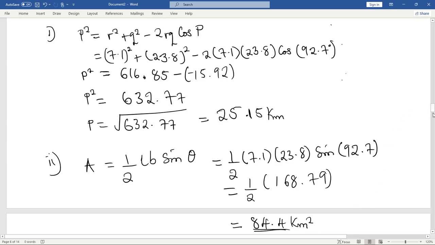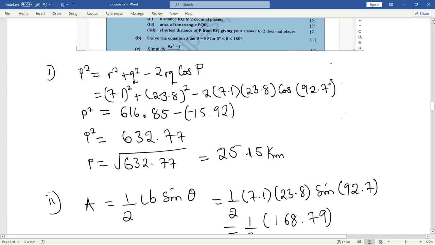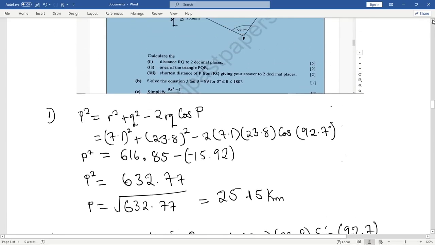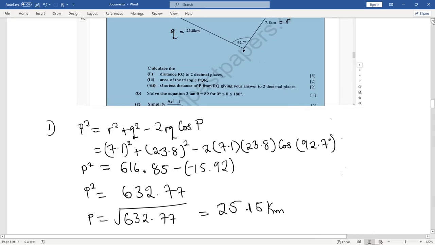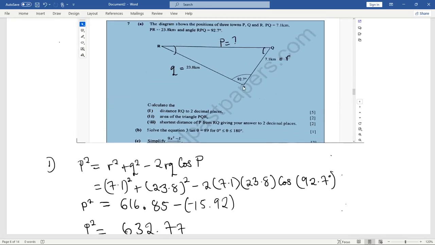Okay, let's look at the next question that follows. The next question is telling us we need to find the shortest distance from P to RQ. So we have to find this distance from this point here all the way up to that point there.